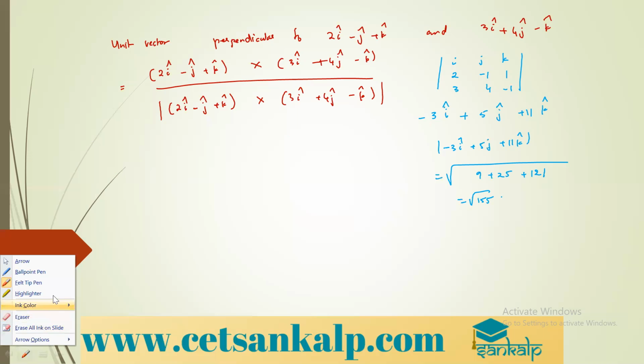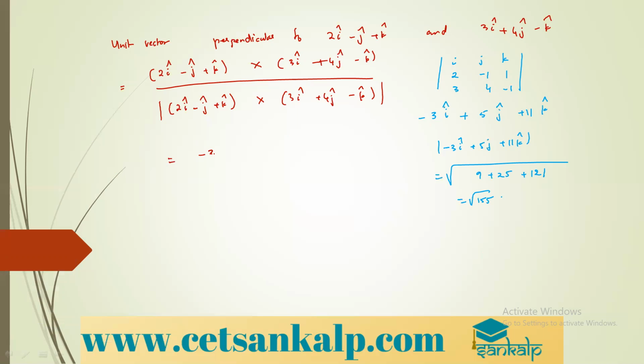Therefore, the unit vector which we were talking about can be written as minus 3i plus 5j plus 11k by square root of 155.